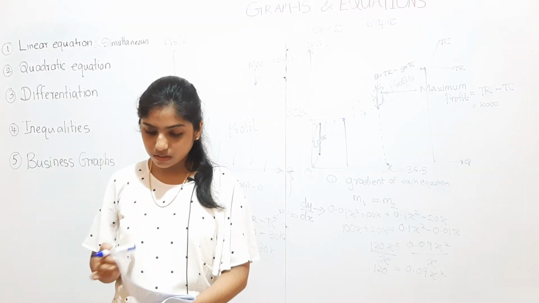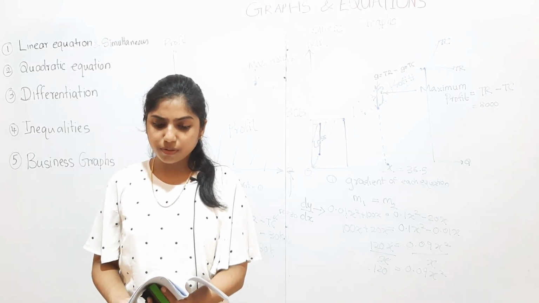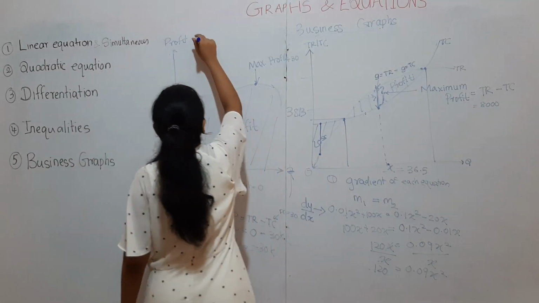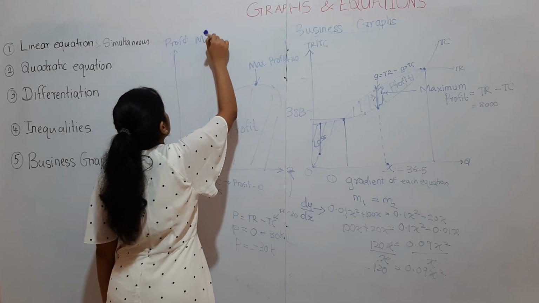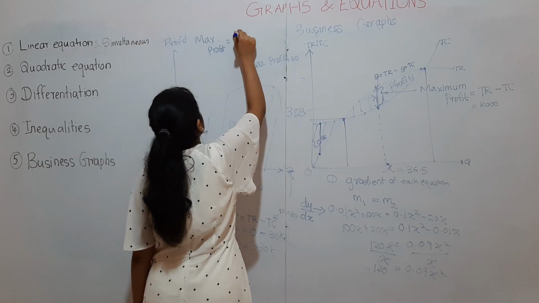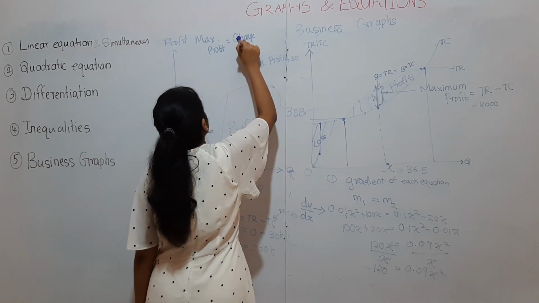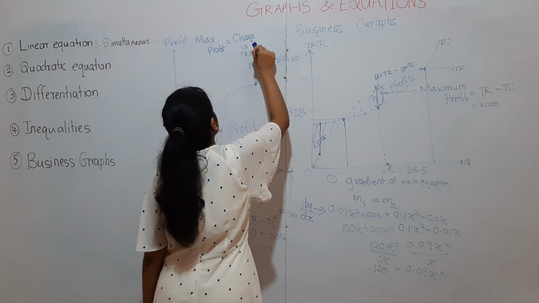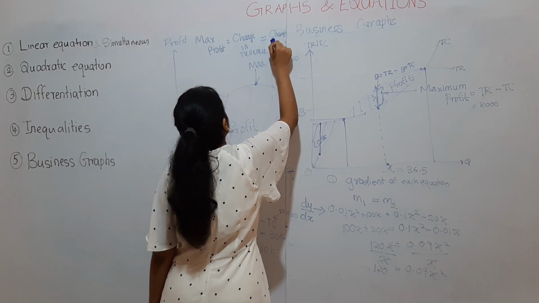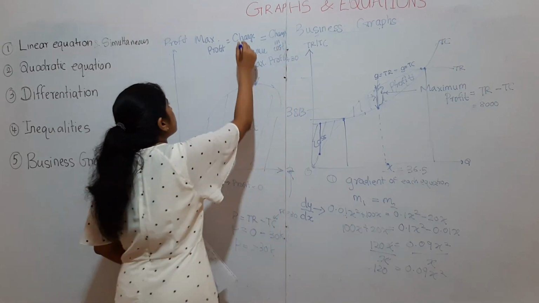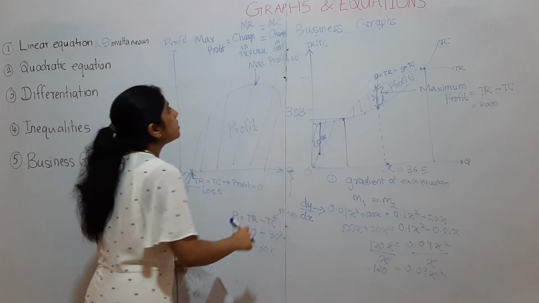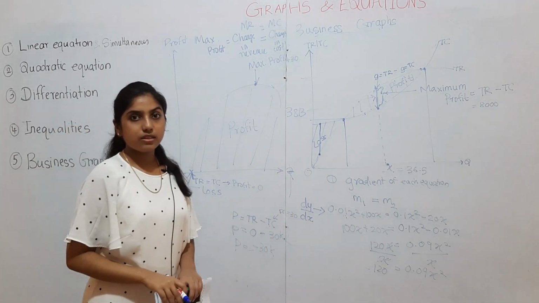And remember that to get maximum profits, when profit is maximized, just remember that the marginal revenue, that means change in revenue, is equal to change in cost. Okay, this change in revenue is called the marginal revenue, and the change in cost is called the marginal cost.